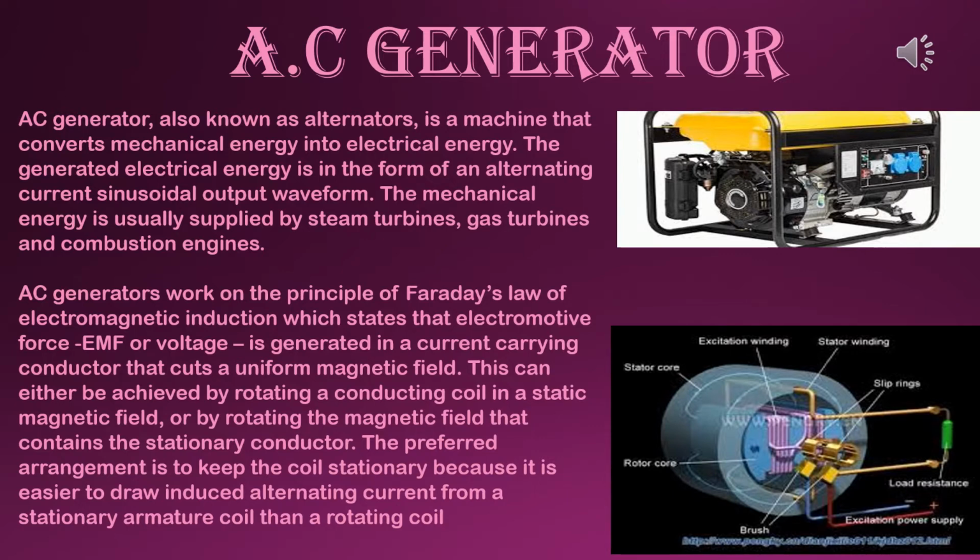This can be achieved either by rotating a conducting coil in a static magnetic field or by rotating the magnetic field that contains the stationary conductor. The preferred arrangement is to keep the coil stationary because it is easier to draw induced alternating current from a stationary armature coil than a rotating coil.